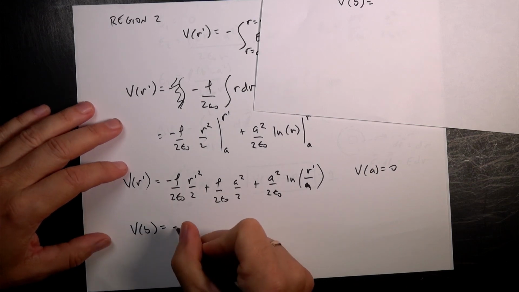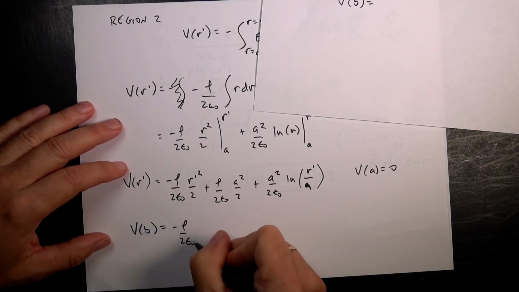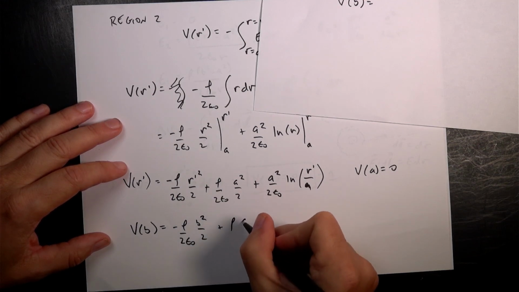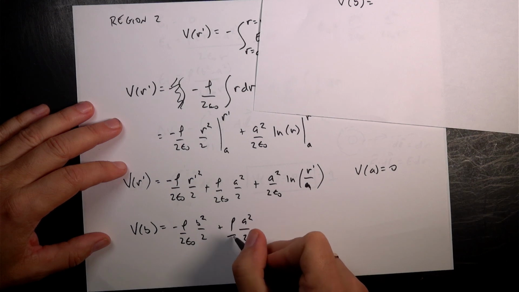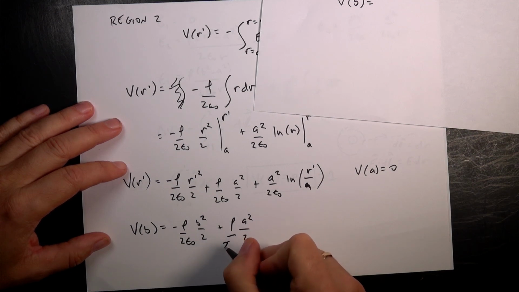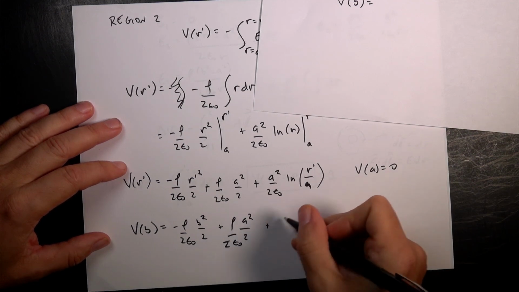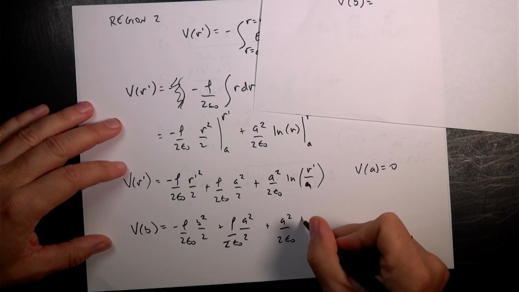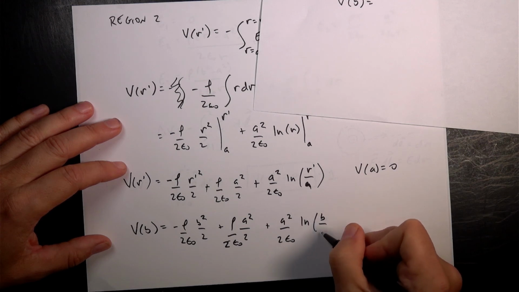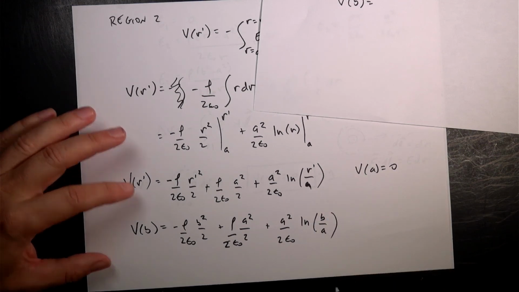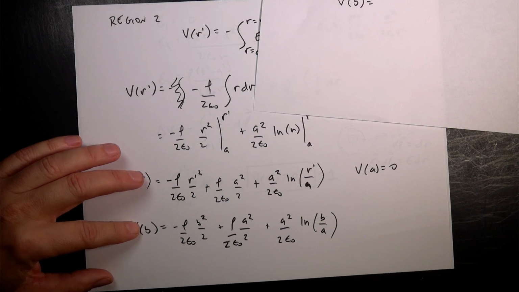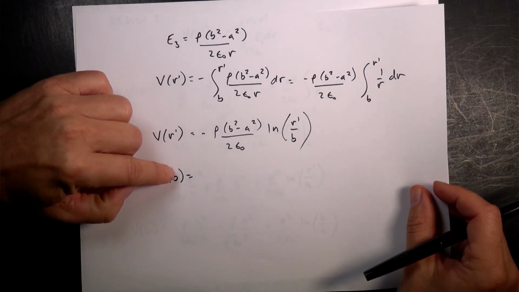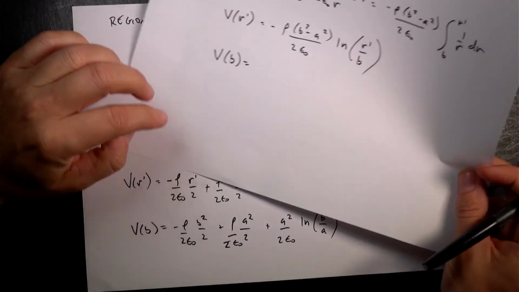If I put in that, I get negative rho over 2 epsilon naught, b squared over 2, plus rho a squared over 2 over 2 epsilon naught, plus a squared over 2 epsilon naught natural log of b over a. That's the potential at b. And so when I put in this potential at b, it has to be equal to this. So let's set that equal.